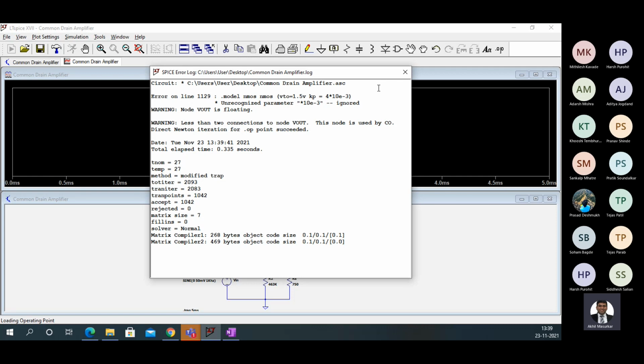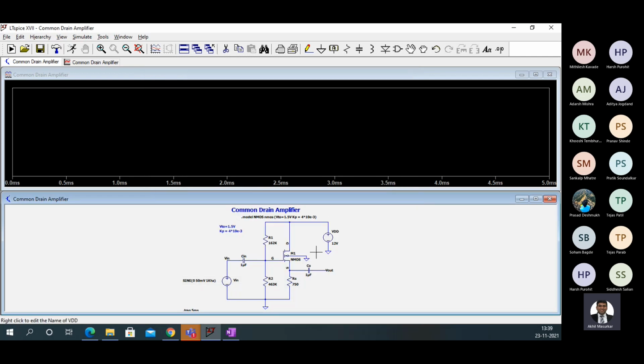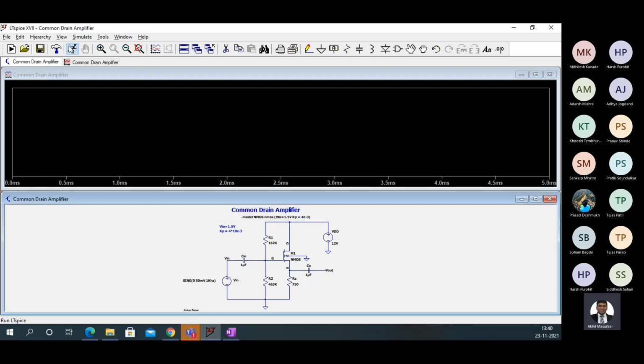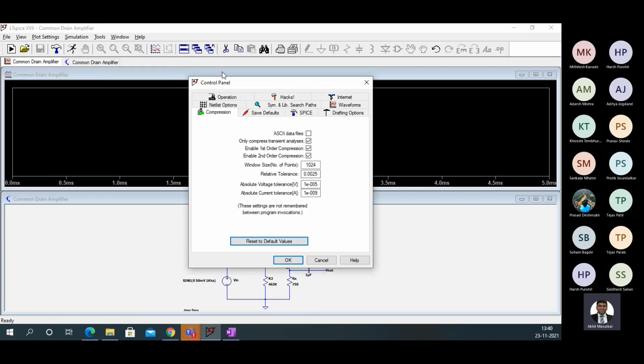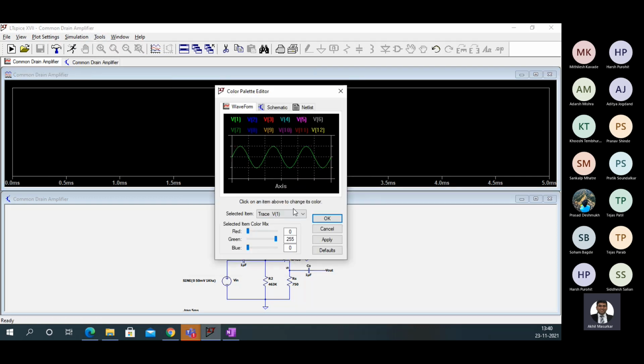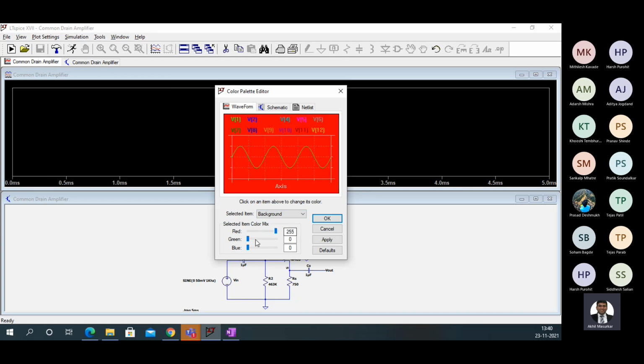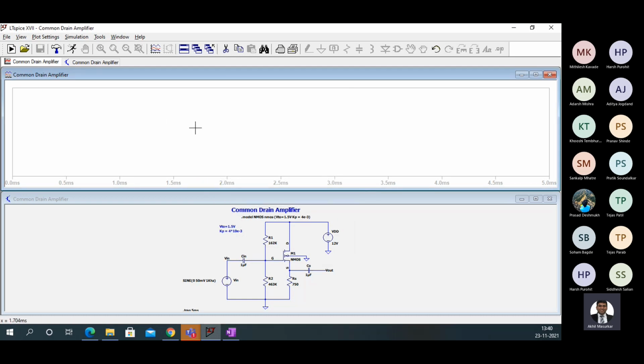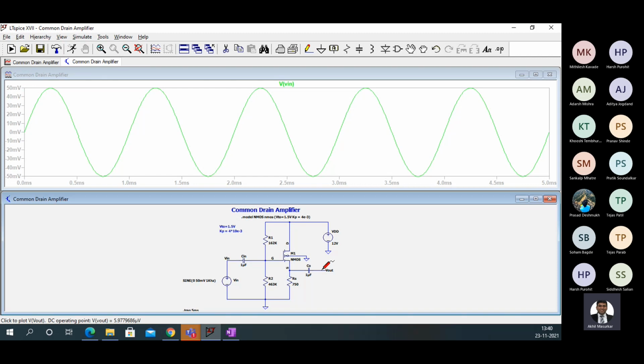I'll change the background to white, and here we would like to plot Vin and then Vout.